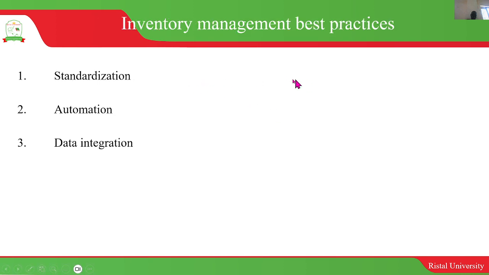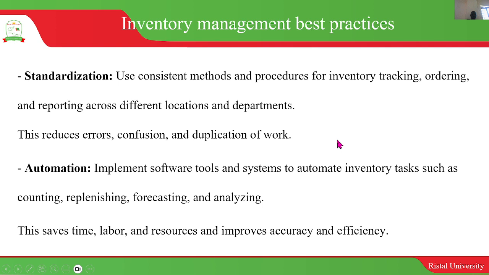Inventory management best practice. One is standardization, using automation, and also data integration. We look at this in the coming slides. Standardization uses consistent methods and procedures for inventory tracking, ordering, and reporting across different locations and departments. This reduces errors, confusion, and duplication of work.